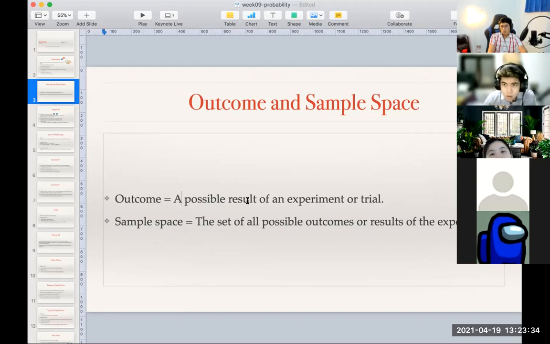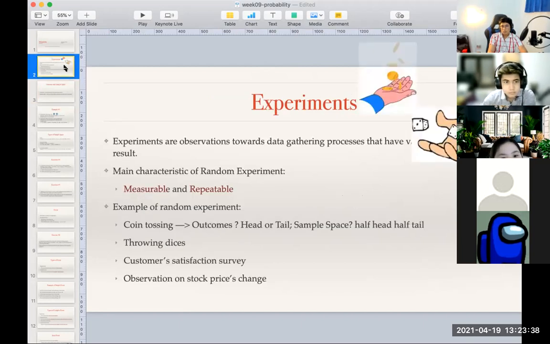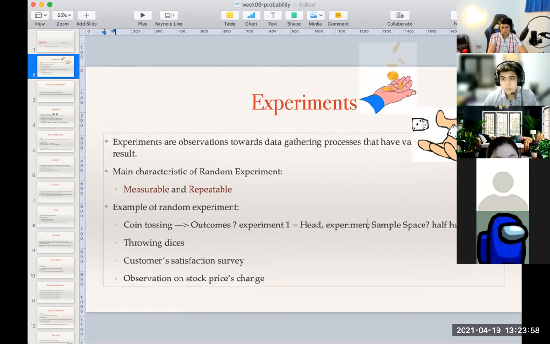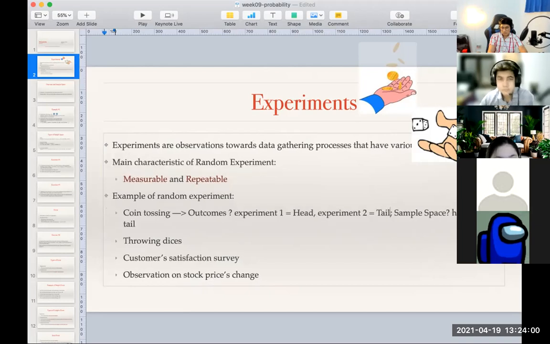So for the sample space, you should mention all the values that you have. Let's say the result for experiment one is head, and for experiment two, you get tail, right?